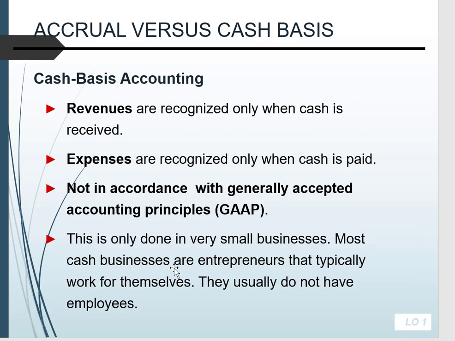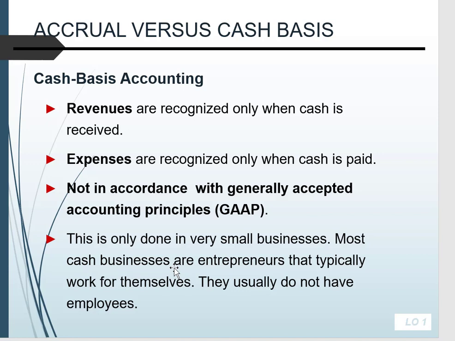Cash basis accounting is when we recognize revenues only when cash is received, and expenses only when cash is paid. This is a simple process, but it is not a GAAP process. It's not generally accepted accounting principles to account for a business with cash.